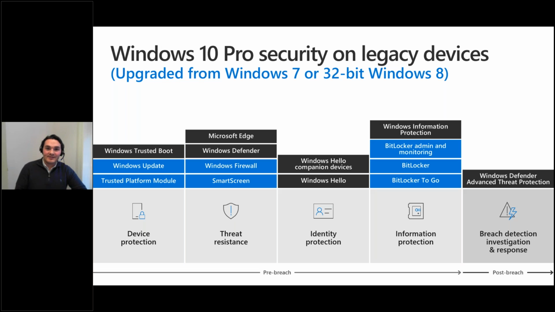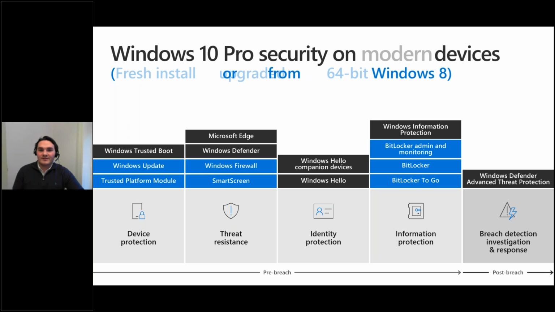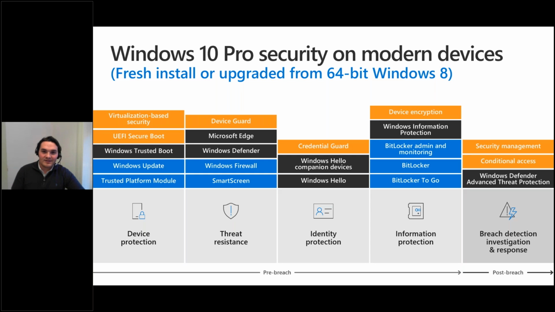But as I mentioned, 61% are only updating to a modern but older device. This is what happens when you go to Windows 10 Pro on a modern device, meaning that you actually have the latest type of devices, the ones that are at least newer than 4 years old. And this is the type of benefits that you get then.